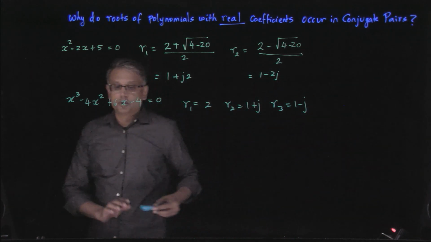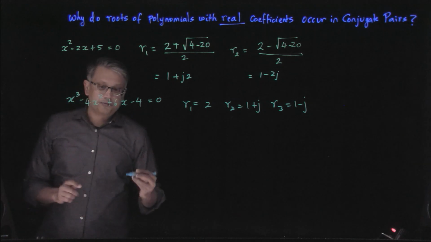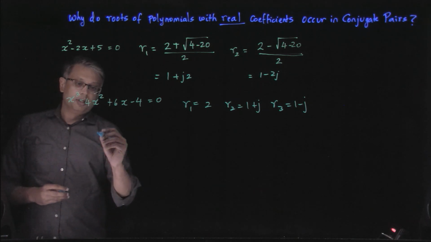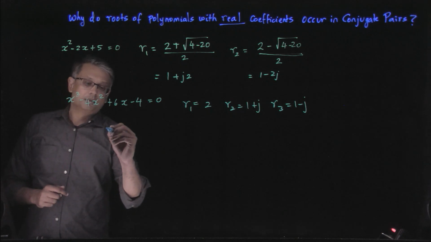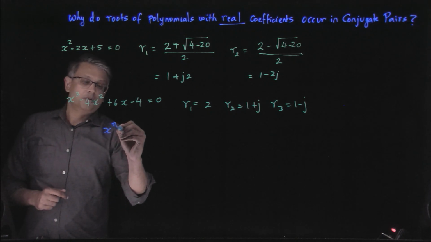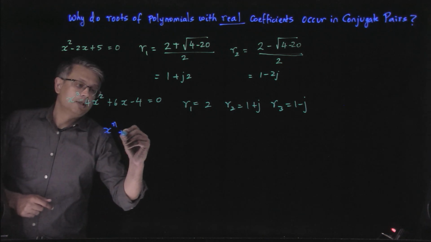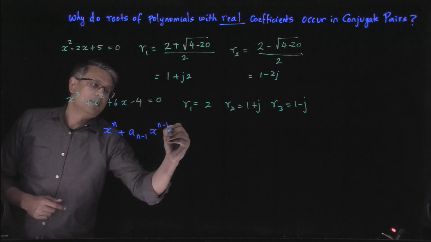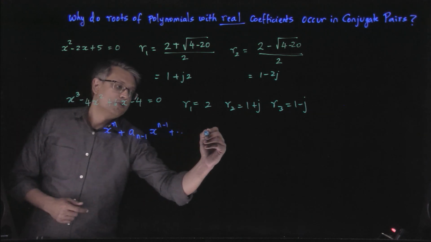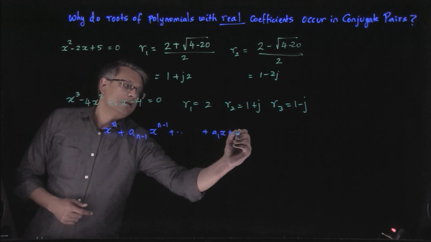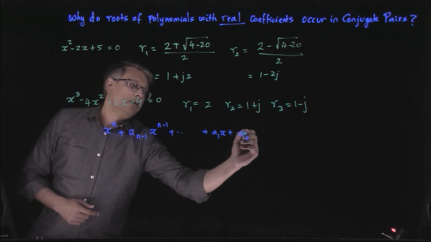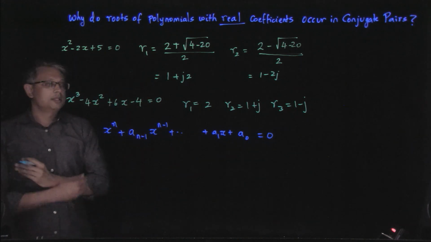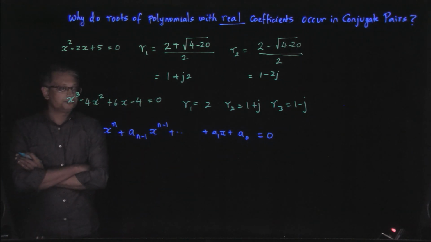Okay, so here is the proof of this curious fact. Let's say we have a polynomial, x to the n plus a n minus 1 x to the n minus 1 plus so on and so forth until a1 x plus a naught, and let's say that this polynomial is equal to 0.